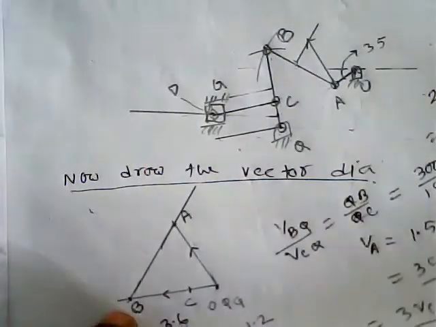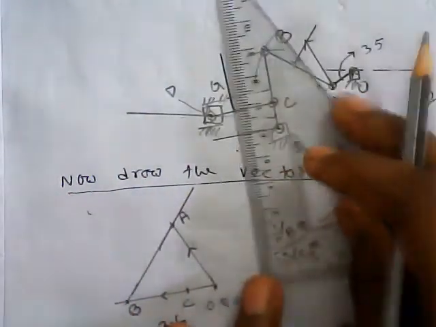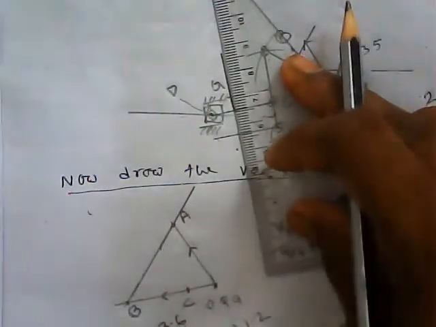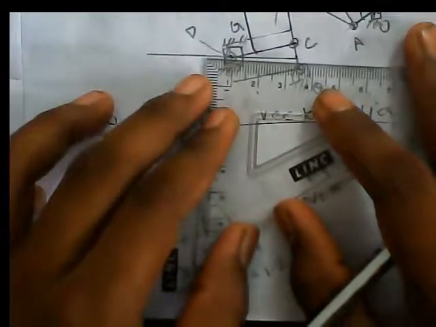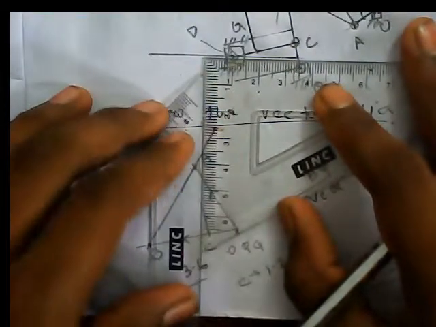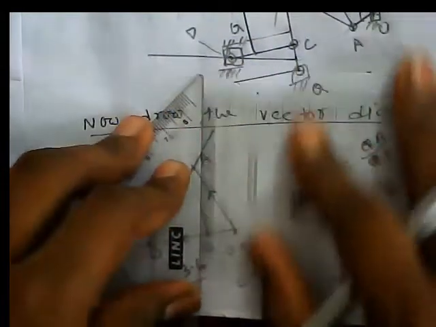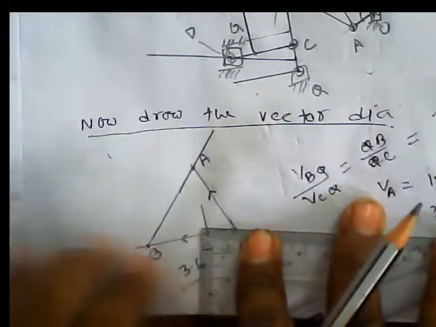So velocity of D with respect to C is perpendicular, passing through C, and draw this perpendicular line in velocity diagram from point C. Now the velocity of D with respect to G, the fixed point G, which is sliding along QD, so the parallel line.